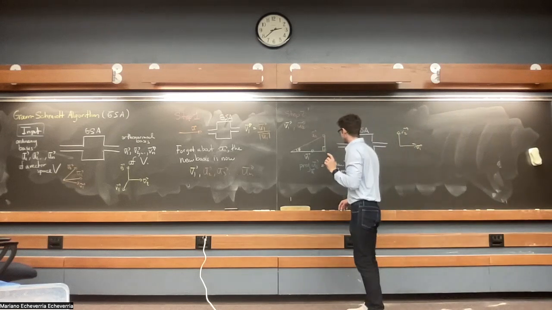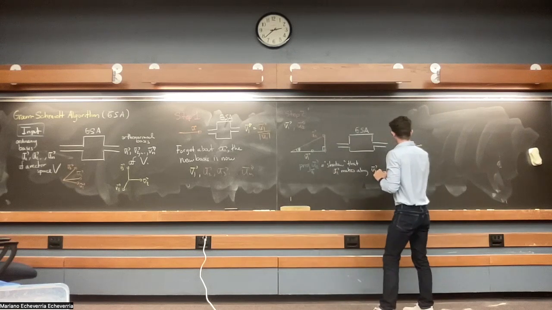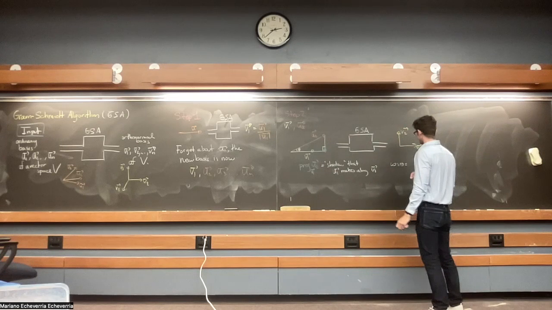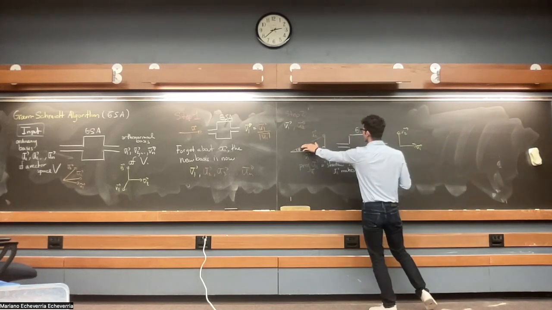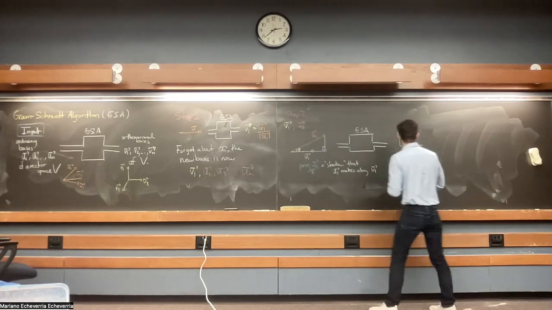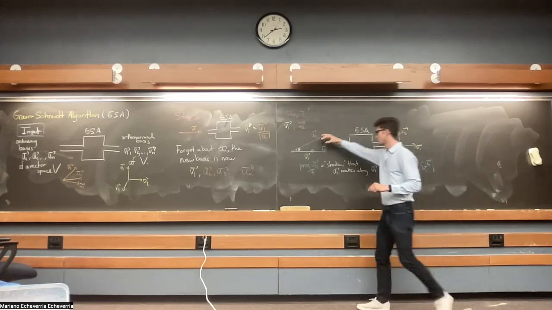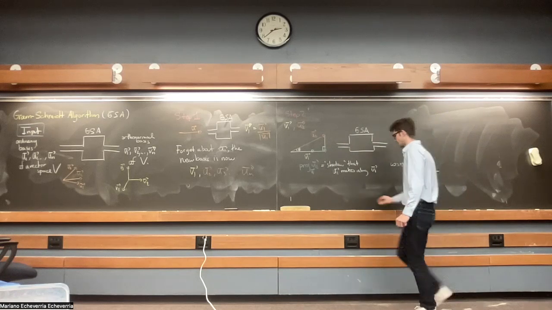Right, so cosine of theta should be the adjacent, which is the length of the blue vector, so the length of this projection, divided by the length of the hypotenuse, which is the length of the orange vector.